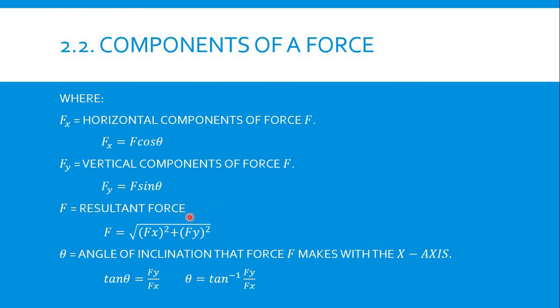To get the resultant force, F is equal to the square root of F of x squared plus F of y squared. To get the angle of inclination that force F makes with the x-axis, tangent theta is equal to F of y over F of x. We can revise this formula into theta is equal to inverse tangent of F of y all over F of x.